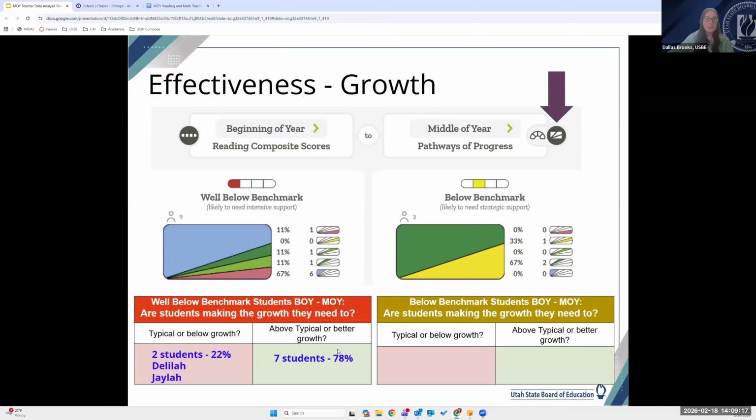So I had 7 students who are making that growth that we need them to make in order to close that achievement gap. Same thing on my yellow students here. I am going to list out the students who made typical or below, which luckily was just 1 student here making that well below. And then I can do my 2 students who made well above or above typical growth.